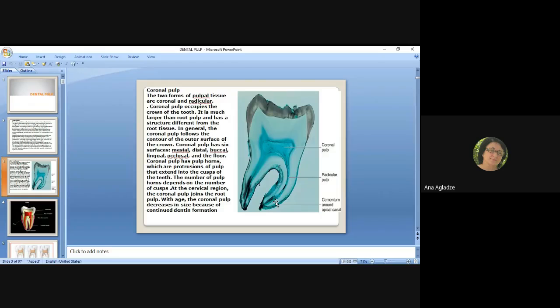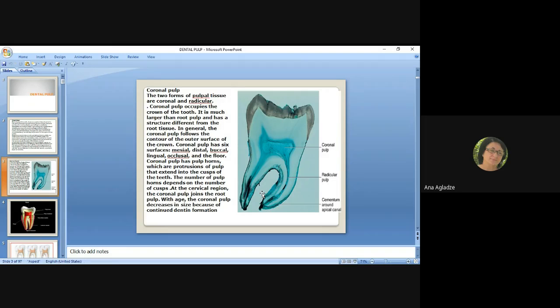You know what is the characteristic feature of connective tissue? That is the abundance of extracellular matrix. And the dental pulp has a gel-like extracellular matrix, in which the fibers and a lot of types of cells are embedded.